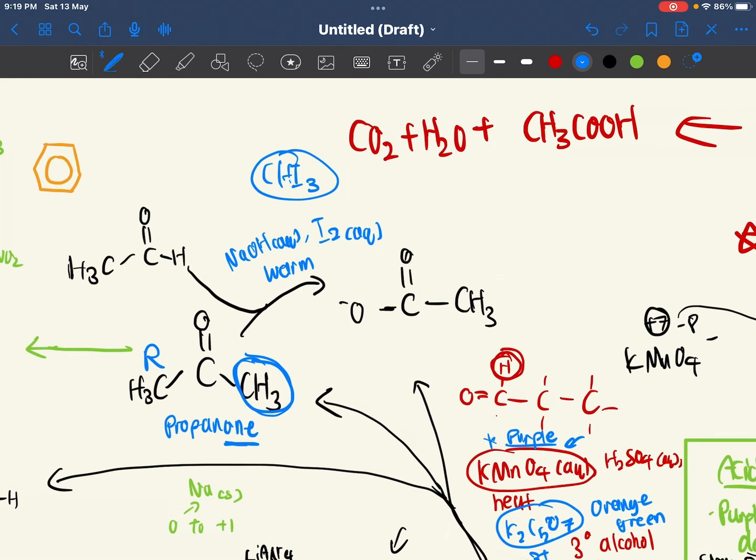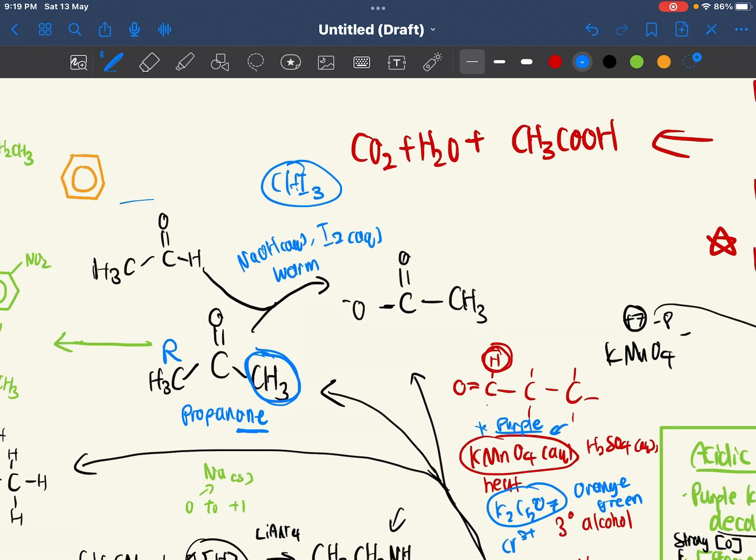So why is an aldehyde over here? Because this is a special case, a special reaction. It's only for ethanal.